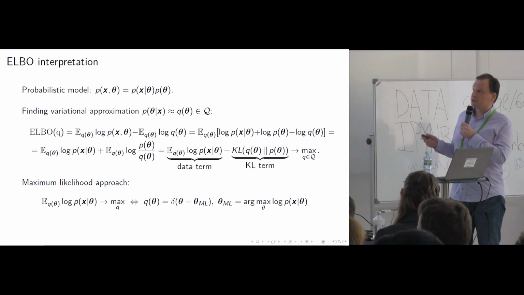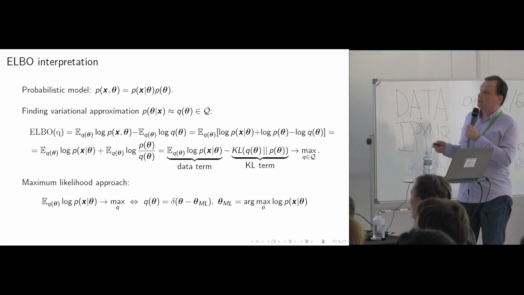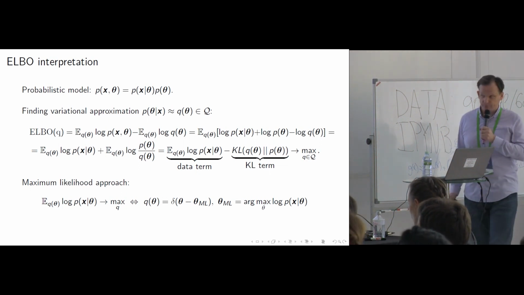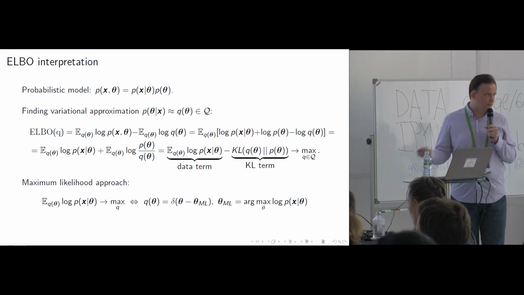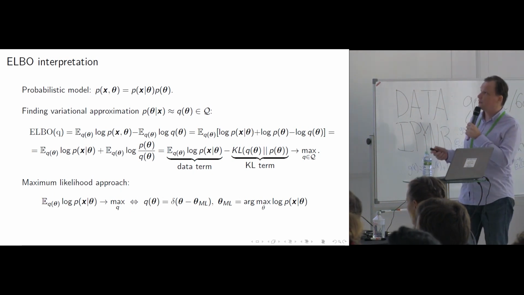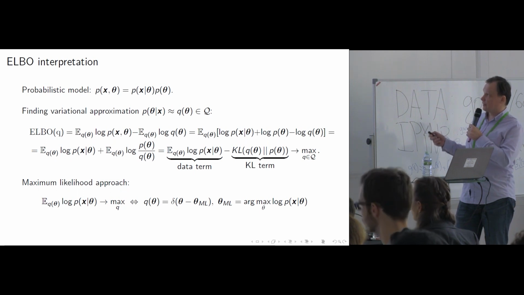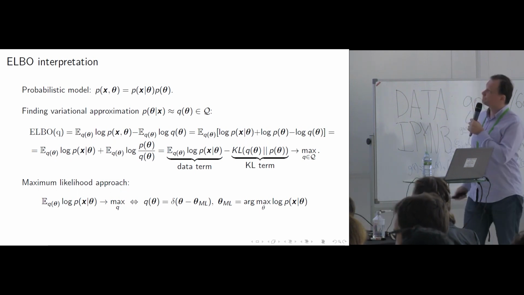Again, let's consider this simple model, and we want to find the approximation to posterior distribution Q, and in this way to maximize this evidence lower bound. Now let's do some equivalent transformation. On the first step, we write down that the joint is just a product of the likelihood and prior, so the log of joint is just a sum of these two terms.